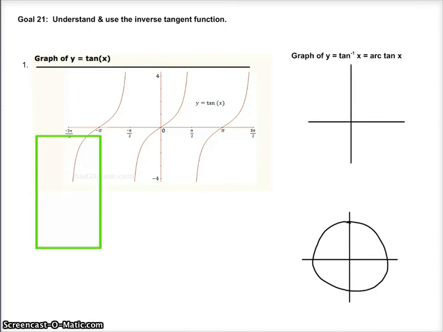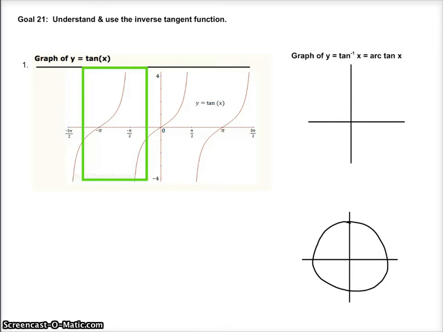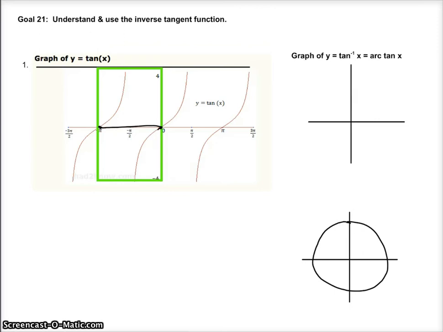All right, so let me drag this viewing window around. You can see that if we lay it on -3 pi over 2 and positive pi over 2, tangent is 1-to-1. If we slide it to -pi to 0, it is no longer 1-to-1, because if we looked at these 2 points here and there, it would intersect.